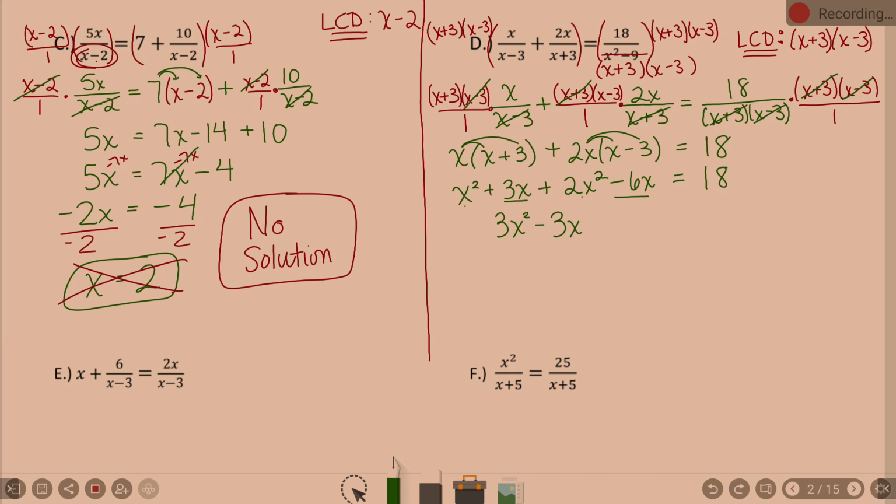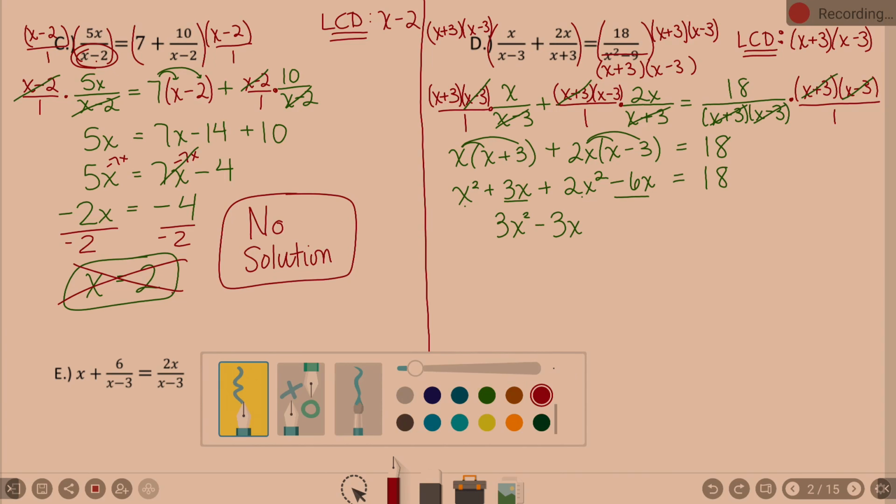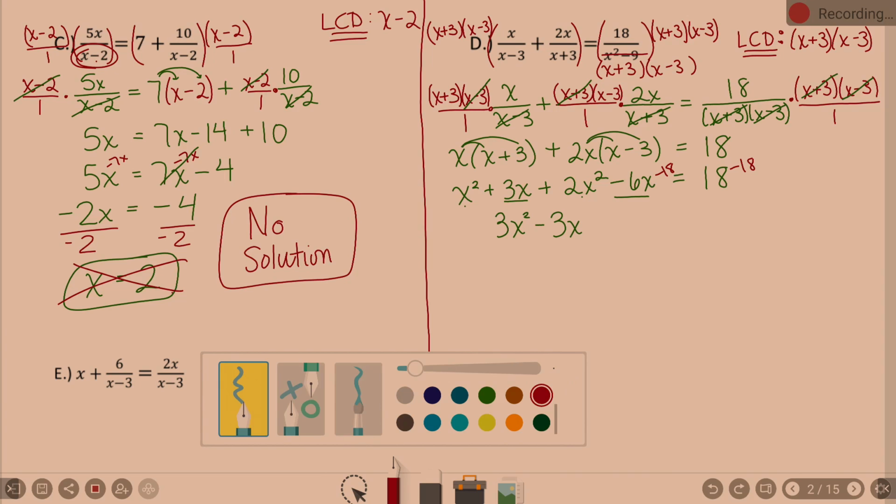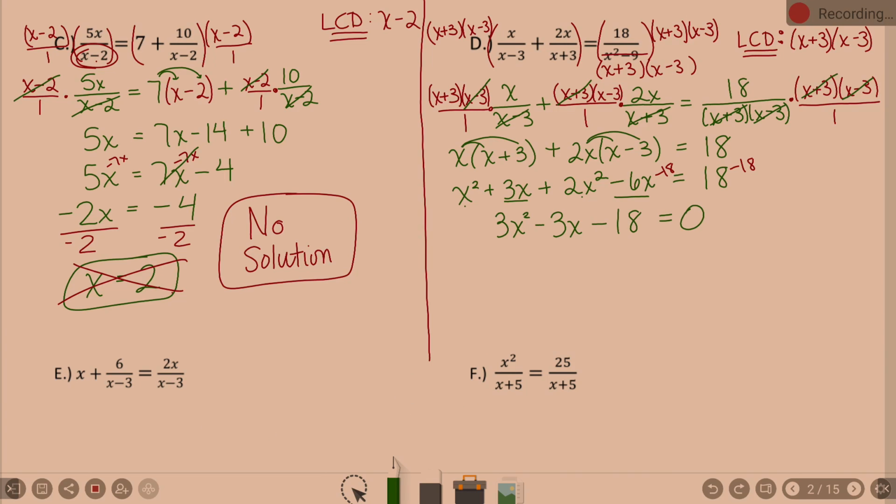Can we do something else at the same time here? Are you guys okay with this? What do I need to make this equation equal to? 0. I see x squared, x's and a number. I'm going to make this equation equal to 0, so I'm going to go ahead and subtract the 18 over. So I have minus 18 equals 0.